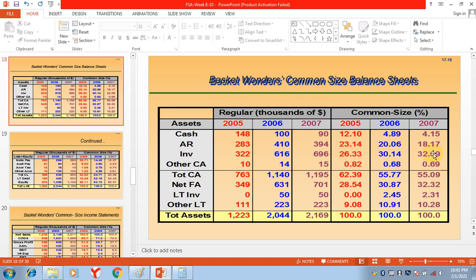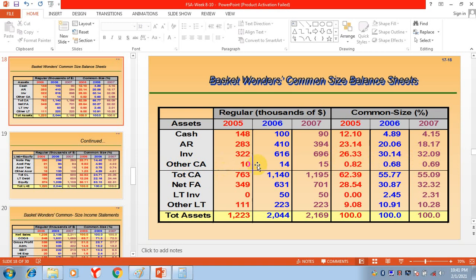Inventory is increasing because our selling department is not effective. They are not making efforts for selling the inventory. So when inventory is increasing, it is not a good sign.